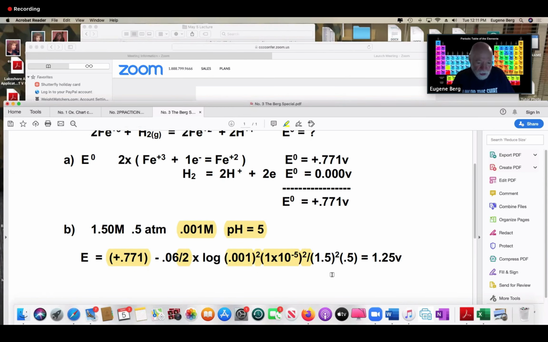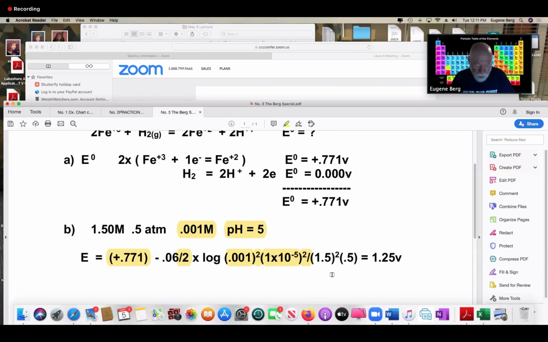Let's see if I can really get that again on my calculator. I like to do the log term first. So I've got 0.001 times 0.001 times 1 EE minus 5 times 1 EE minus 5, divided by 1.5 times 1.5, divided by 0.5.